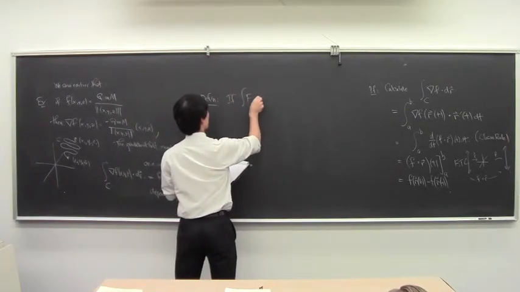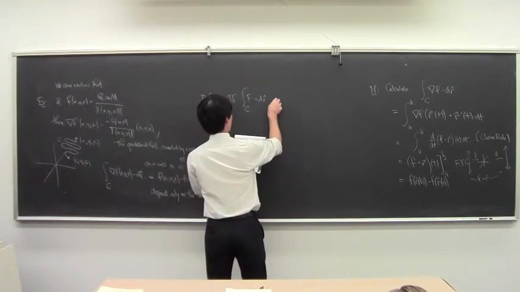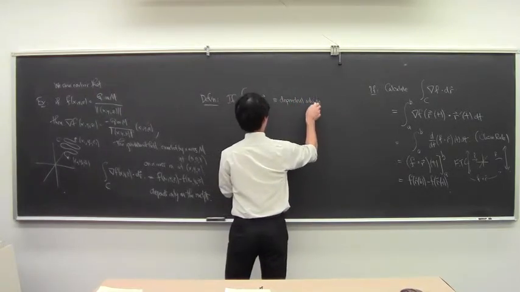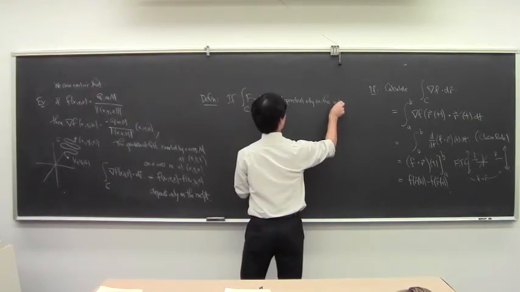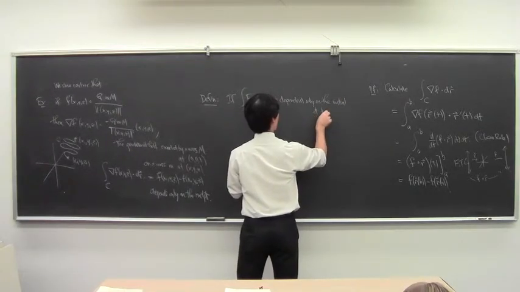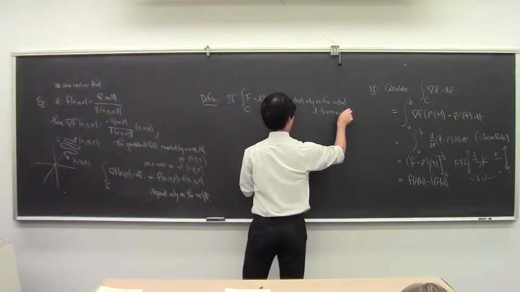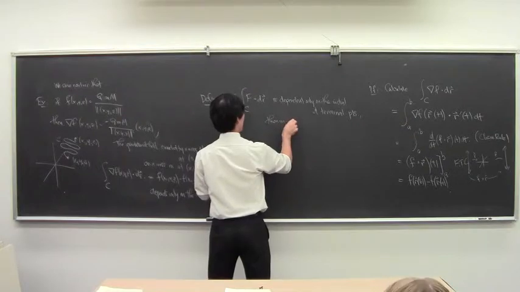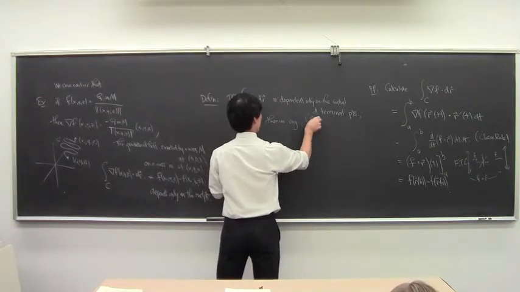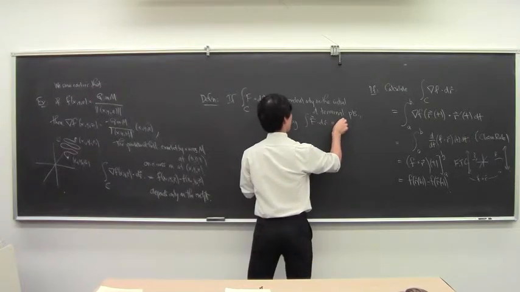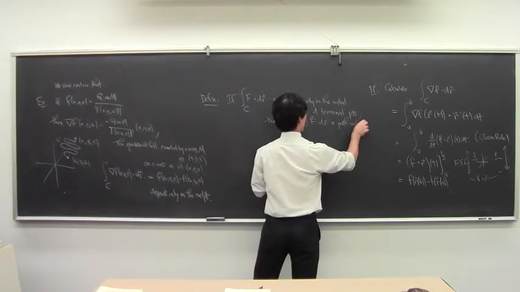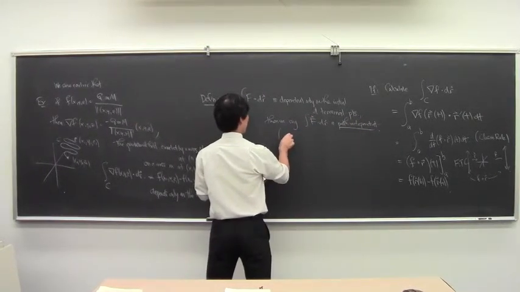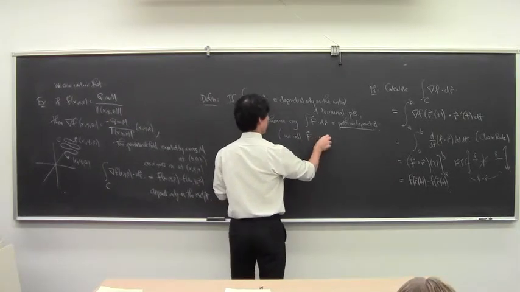If the integral of F dot dr over C is dependent only on the initial and terminal points, then we say that the integral is path independent, and we call F a path independent field.